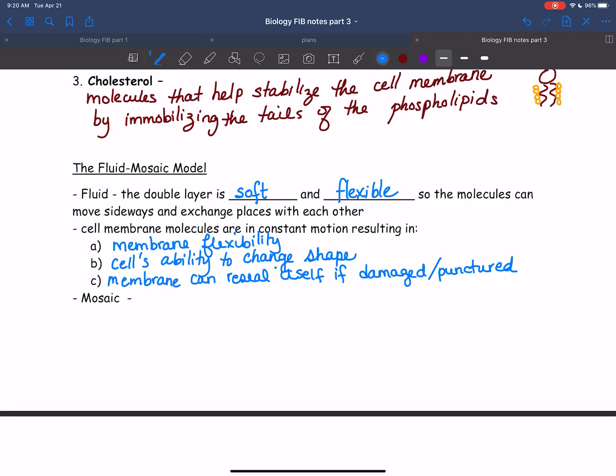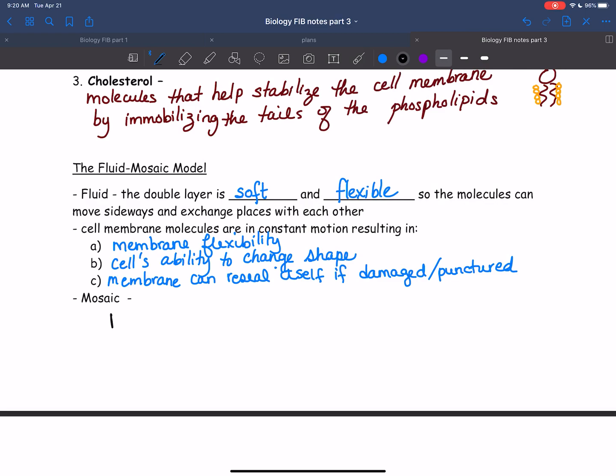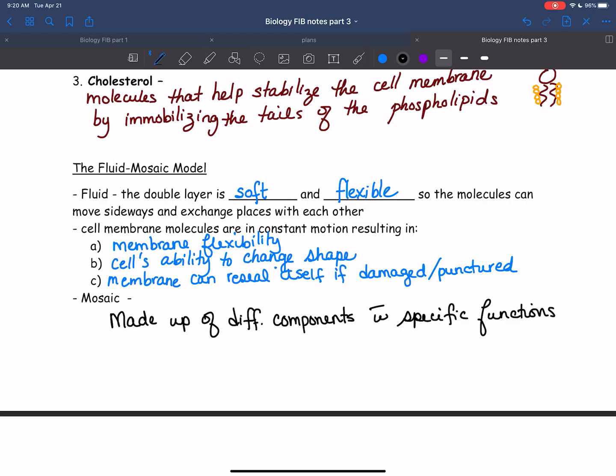And then we said that it is mosaic because it is made up of different components with specific functions that help the membrane perform its duties.